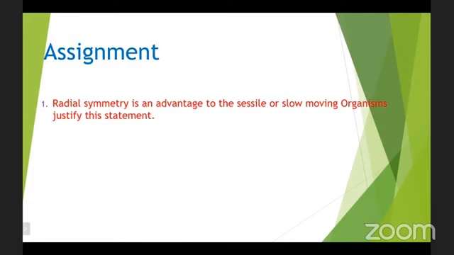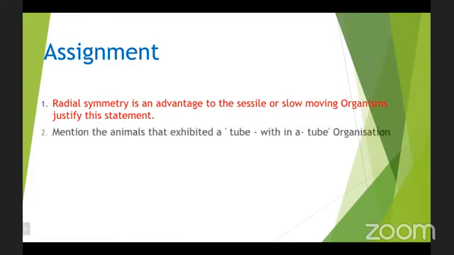Justify this statement. Mention the animal. Second question: mention the animals that exhibit a tube within a tube organization.